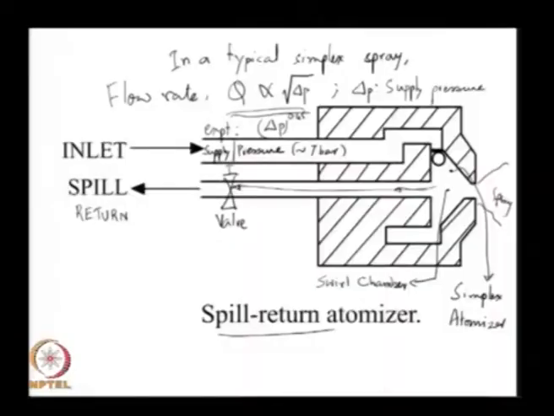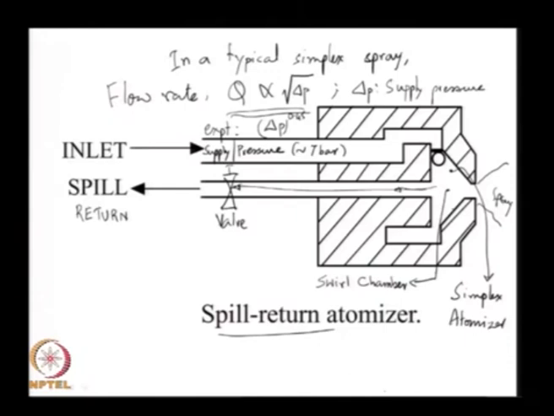So, if I take the situation where the valve is completely closed, it is just a regular simplex spray nozzle. When the valve is completely open, you have a high flow rate coming into the swirl chamber. Because of that, you have a high inertia associated with the swirl.